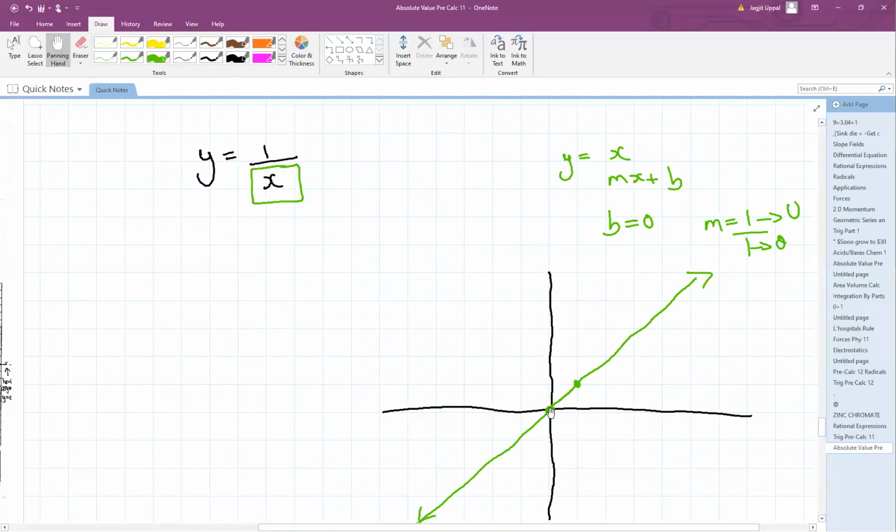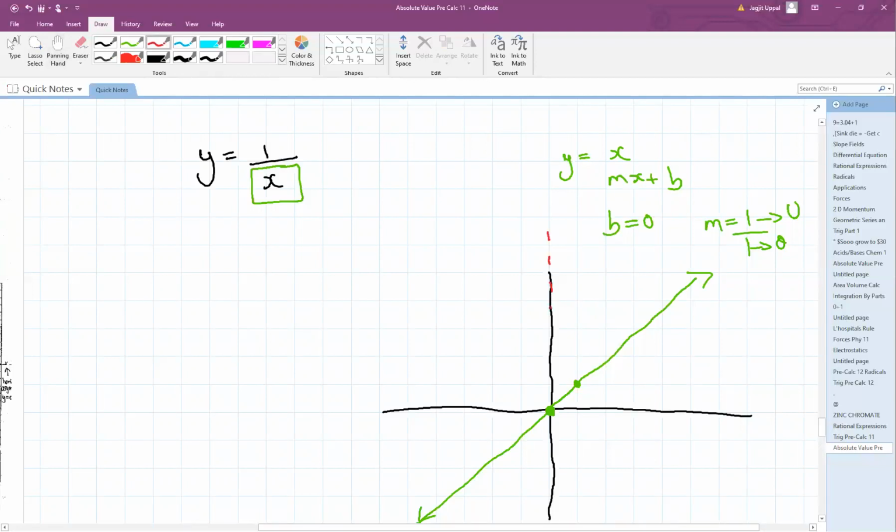What's the y value right here, Sean? 0. Now, when you take the reciprocal of 0, what are you going to get? 1 over 0? Yeah, 1 over 0 is undefined. So what that means is that is where you get your vertical asymptote. When we draw our new graph, I'm going to draw it in red.